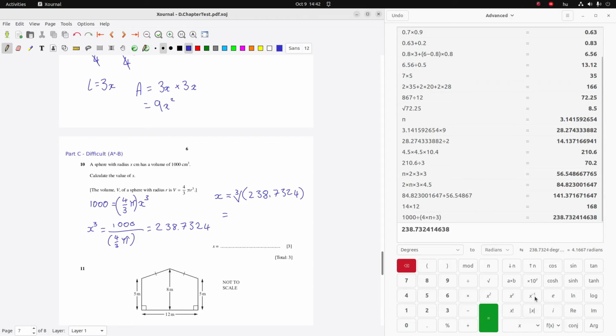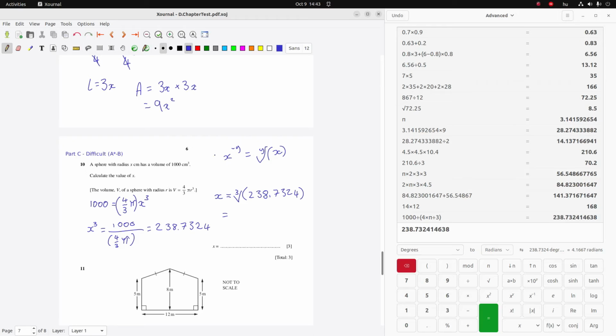On my calculator, the cube root looks like, oh, I cannot find it. How will I do it? I hope you have a cube root on your calculator, but in my case I'm going to use this x to the power of y, but instead of using 3 I do -3. x to the power of -y is equal to the y-th root of x.